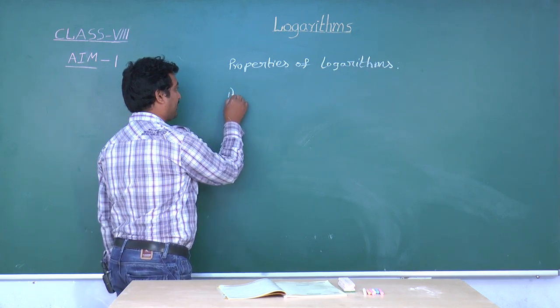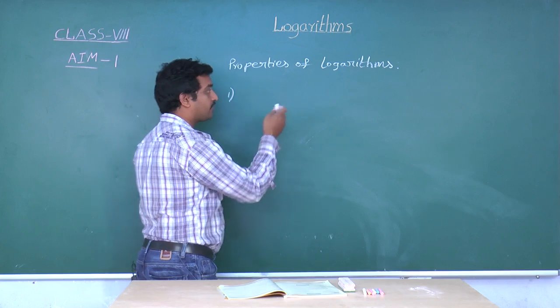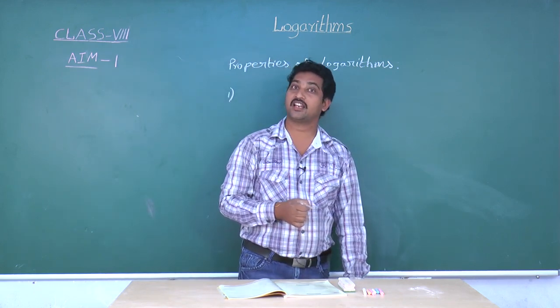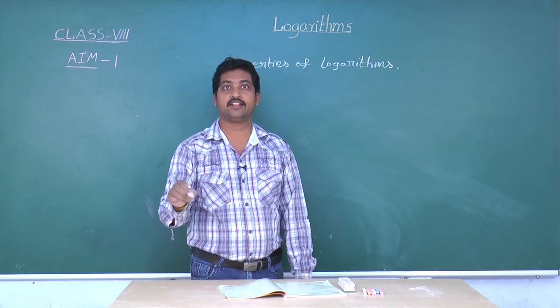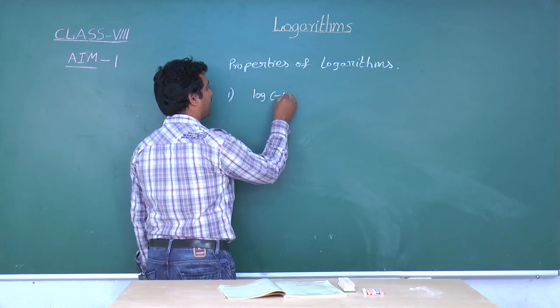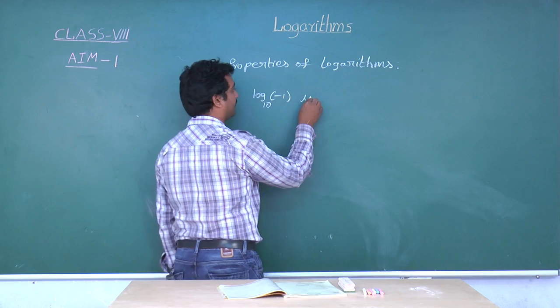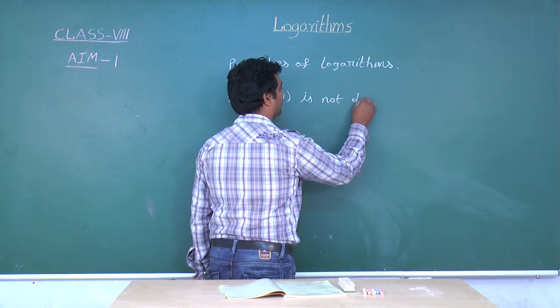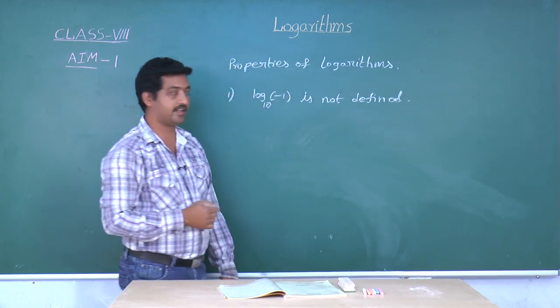The first property is: logarithm of non-positive real numbers is not defined under the real numbers. That means logarithm of -1 to the base 10 is not defined.